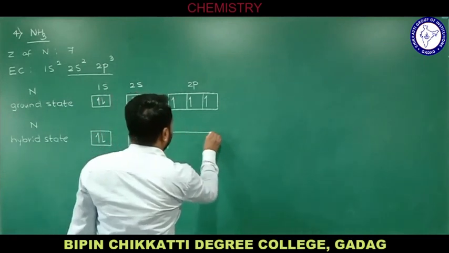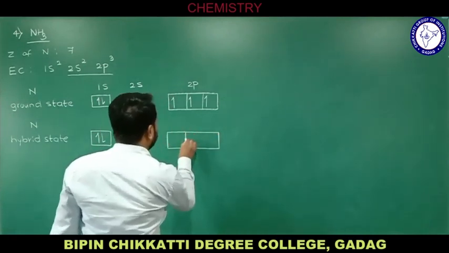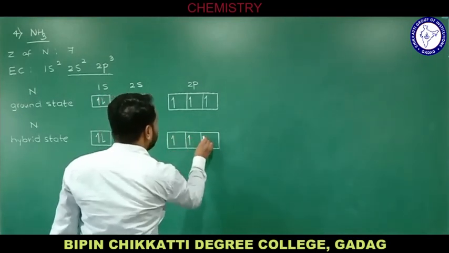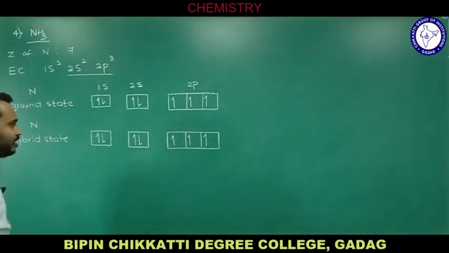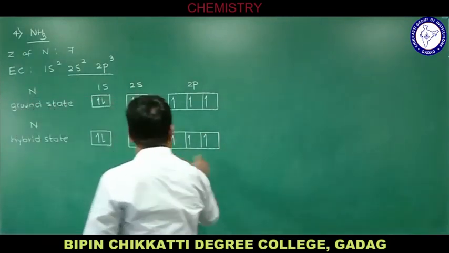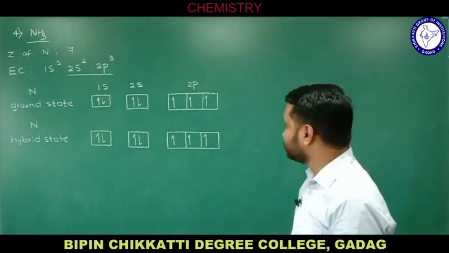Now, the number of valence electrons present in nitrogen is 5. In all cases, you need to consider the 2s and 2p atomic orbitals. This is one 2s atomic orbital and these are the 2p atomic orbitals. So now we'll see how the hybridization actually takes place.